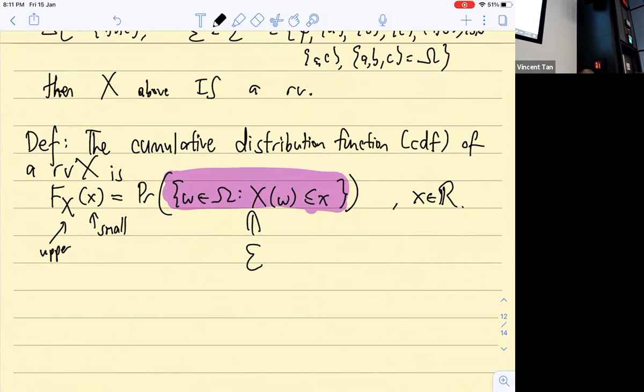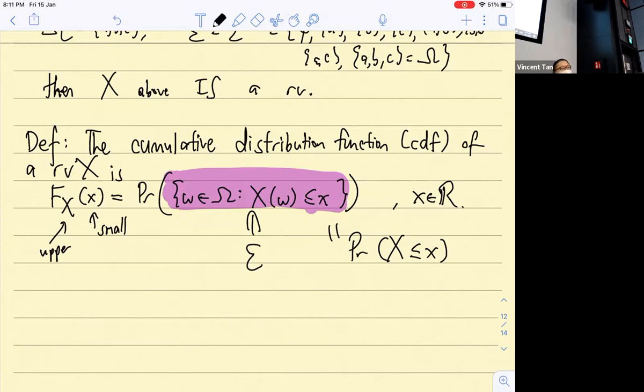Cool? Usually people don't write things like this. It's too cumbersome. People just write probability X less than or equal to x, with the understanding that this is really the purple thing. You often see in undergraduate probability X equals x, X less than or equal to x, X greater than x, but really it means this, the purple thing.